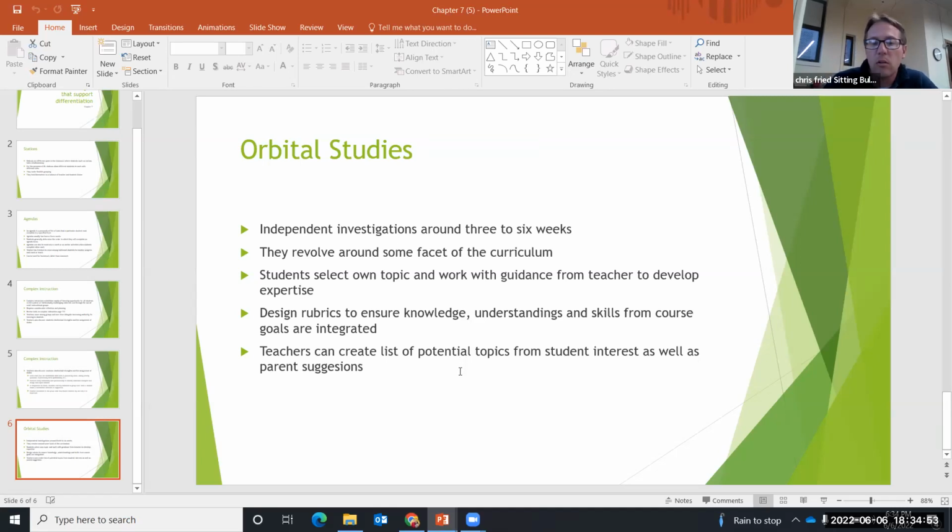Sometimes students struggle with topics. They can get some ideas from their parents as well. So orbital studies, again, is just another way for them to learn a little bit more about a concept, also allowing their own interest to come out in the topic or concept.